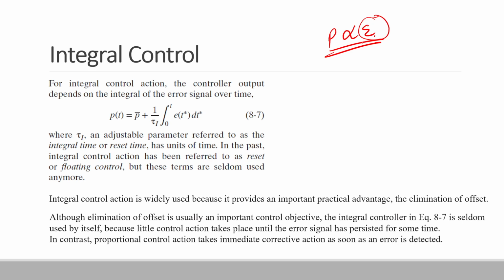Whereas in case of integral control, the control output depends on the integral of the error signal over time. So it will also consider the past errors, calculate the integral of that error, and on the basis of that it will take the control action.